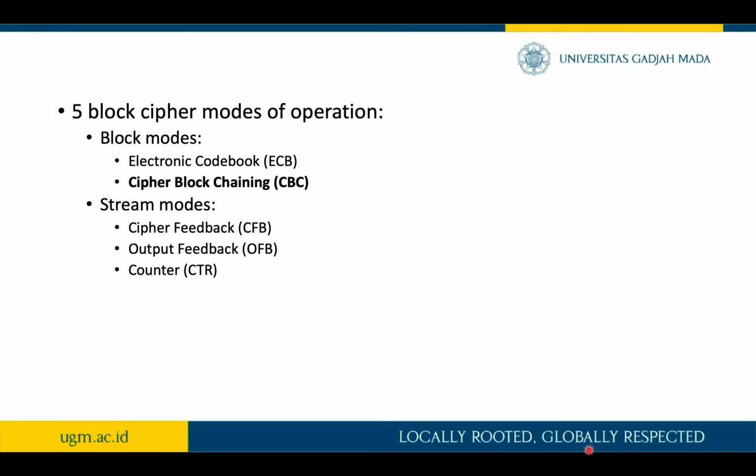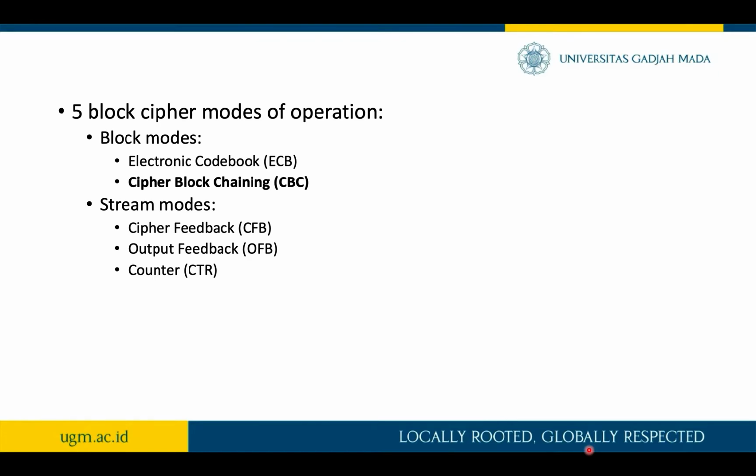The difference is that for the stream modes, we can use these block cipher modes of operation to generate a key stream for a stream cipher. While for the block modes, you have to process the data based on blocks.